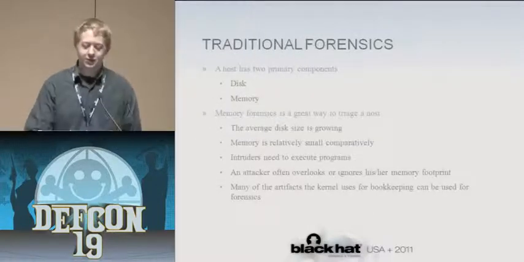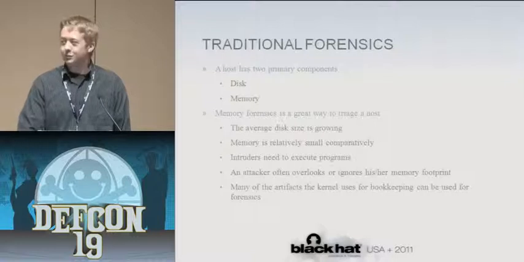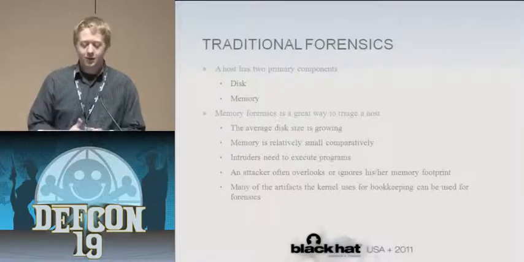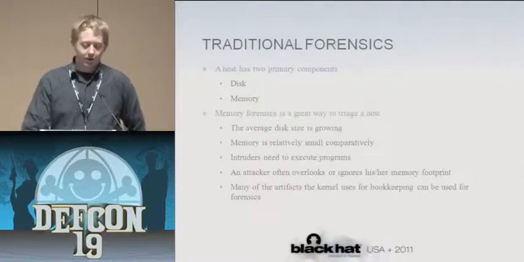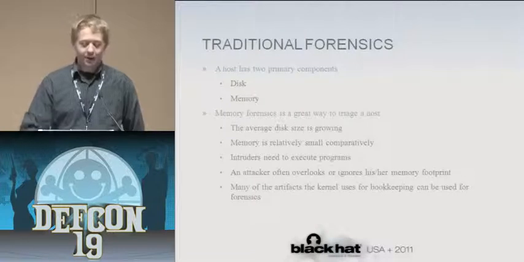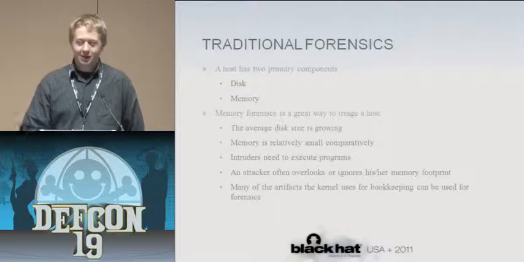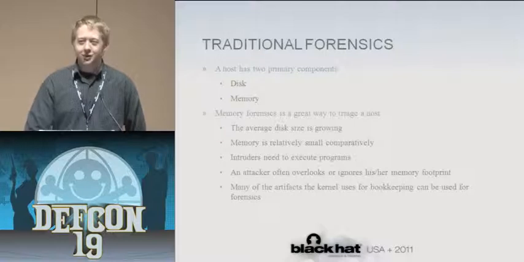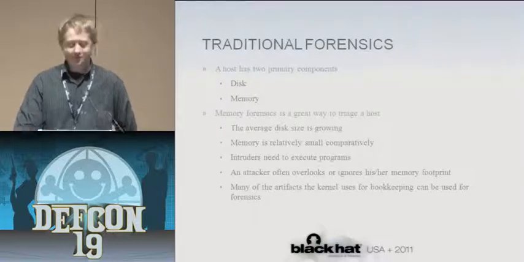So traditional forensics is kind of a broad overview. A host has two large sources of information for forensics, the disk and memory. And lately, memory has become a great way to triage a host, say in a forensics investigation. The reason for this is the average size of disk is growing extremely high.